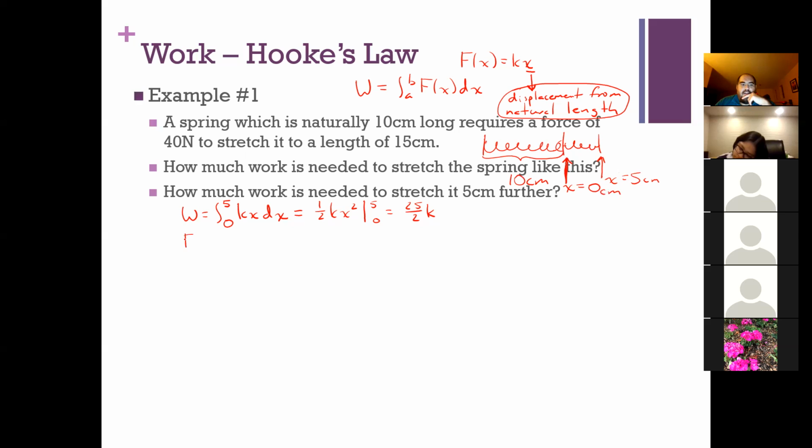So let's take a look at Hooke's law here. I know that when x has a value of 5 centimeters, what does that tell me about f of x? What does that equal to?